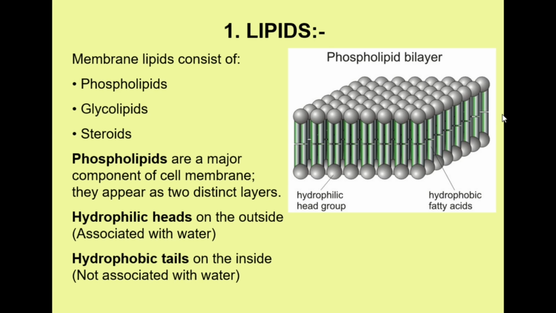Water is not going to be very comfortable in there at all. This phospholipid bilayer makes up the main structural component of the plasma membrane. So those are the phospholipids: the hydrophilic heads on the outside and the inside will associate with water, and then the hydrophobic tails sit in between those two layers of hydrophilic heads.